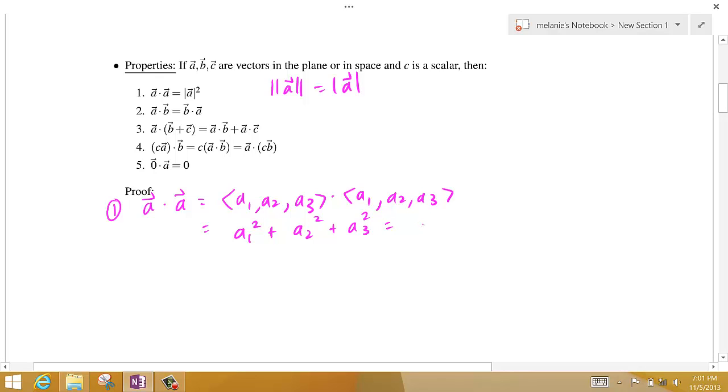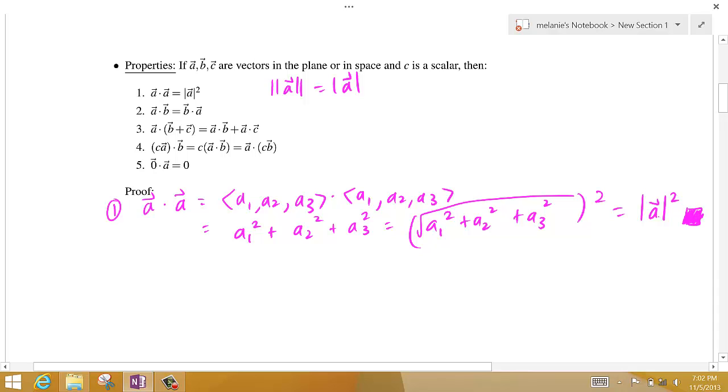And we know that the magnitude is the square root of A1 squared plus A2 squared plus A3 squared. To get rid of this root, we square both sides, so we see this is the magnitude of A squared. So that's the proof of the first one.